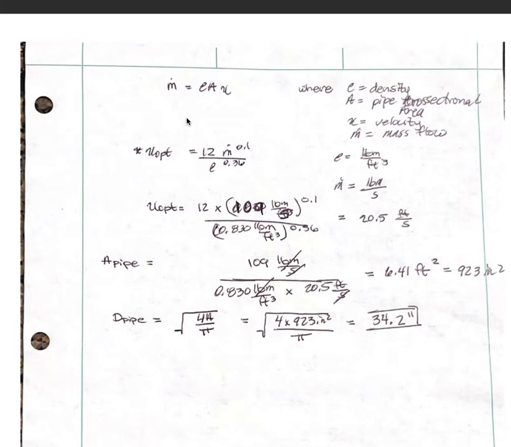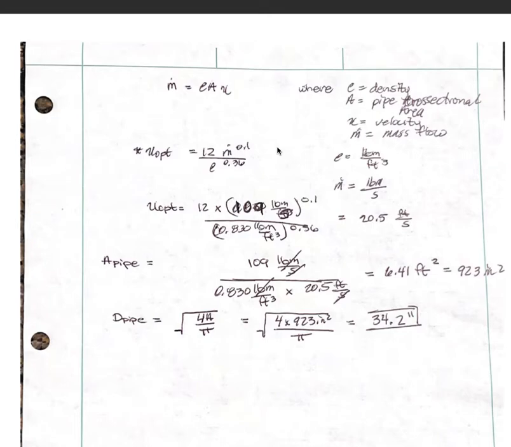Now, right down here, this comes out of chapter 8 of the book that I referenced earlier in the video. So this is an empirical equation, meaning these have to be in certain units. The density has to be in certain units, the mass flow rate has to be in certain units, then it spits out an answer in certain units, even though if you actually try to cancel your units out, it won't look right.